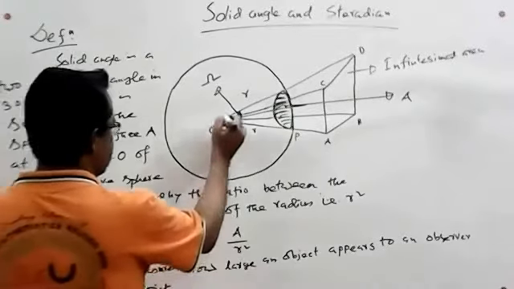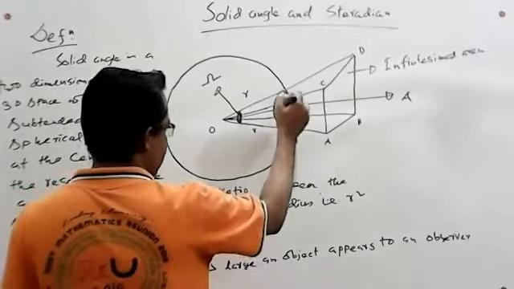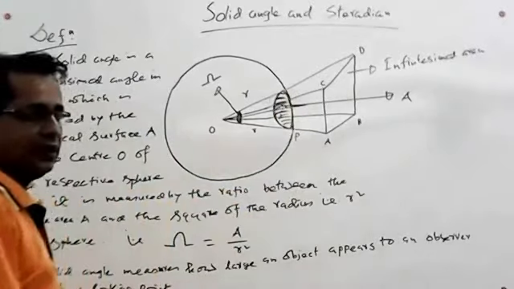Where the looking point is O, and the object is this surface, which is a spherical surface or conical surface.